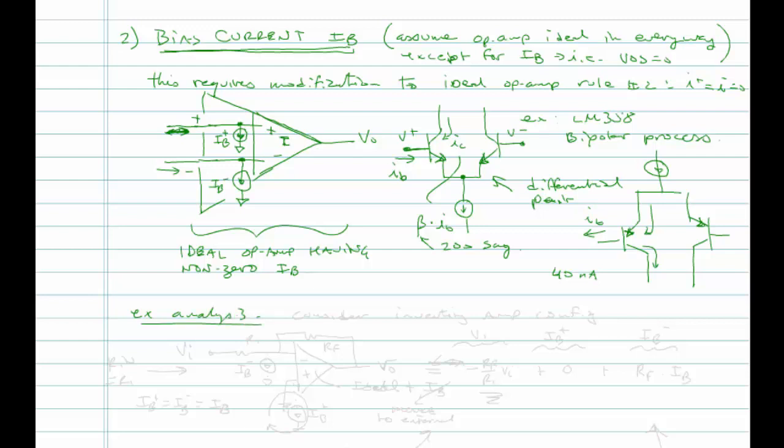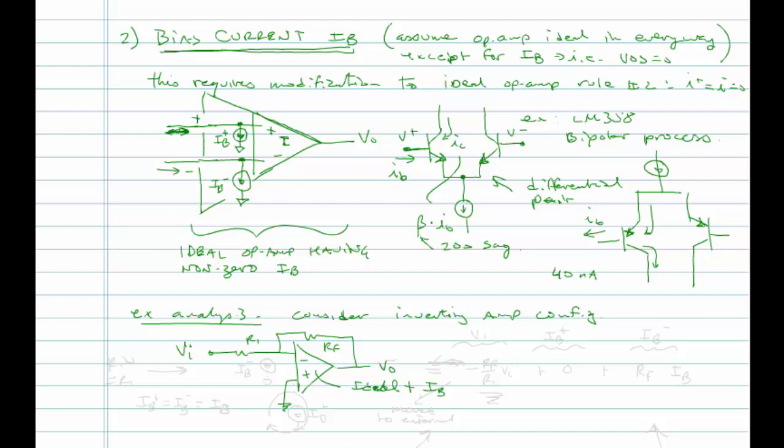So again, let's consider our inverting amplifier configuration. Here's my circuit, RF, R1, and I ground my non-inverting input. I have some voltage source VI over here and VO. The op-amp is ideal, but with a bias current.